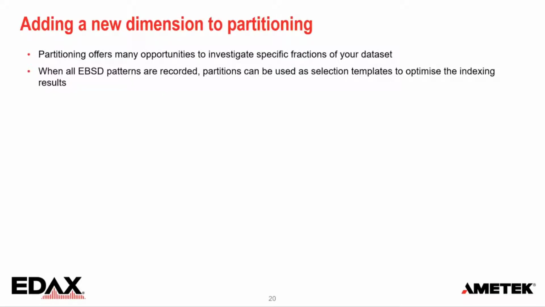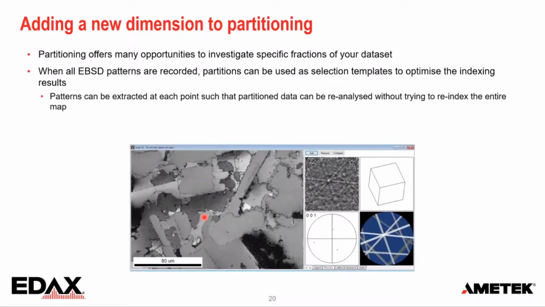In OIM Analysis 8, already a few years ago, we added a really new dimension to partitioning. That's when we record all the EBSD patterns, we can extract them, and we can use bits of the data set to do new processing on the EBSD patterns and really optimize the indexing results.